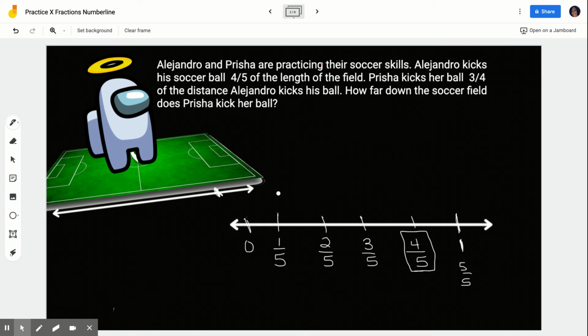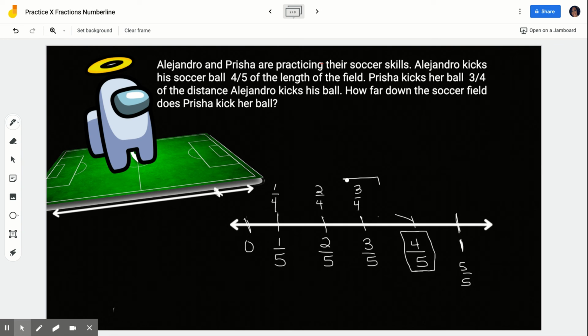So this, let's count this. This would be 1/4 and 2/4 and 3/4. So again, the jumps would be 1 jump out of 4 jumps, 2 jumps out of 4 jumps, 3 jumps out of 4 jumps. So what this is saying is 3/4 out of 4/5.